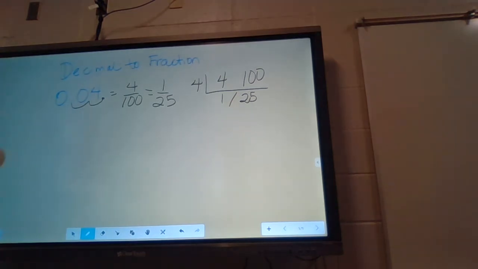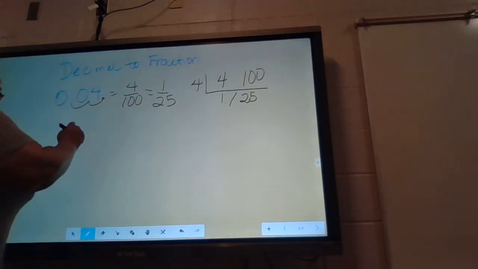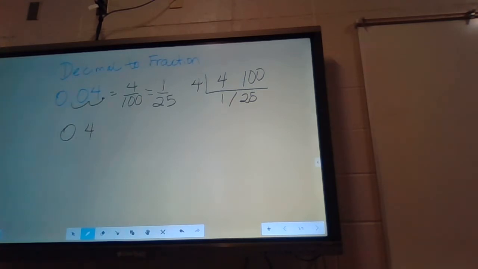Another way you can do it is to just use the place value of your decimal. I say learn one way that you know you're going to always remember. I do this one most of the time. So this is my tenths, hundredths, thousandths, and so forth.